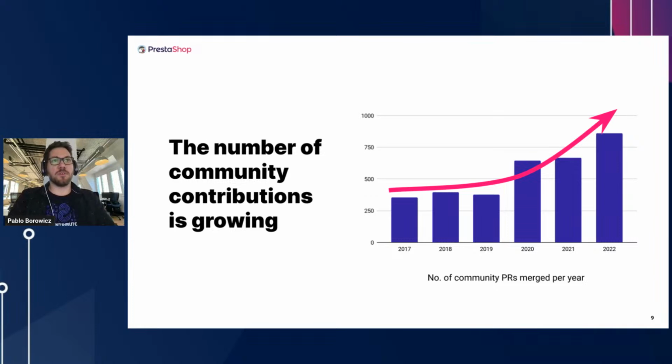So great news in terms of collaboration from the community. Of course, these numbers don't include what the PrestaShop company does. It's the other contributors to the project that we are counting. But of course, what we want is to help the community continue getting involved in the project and have this trend going upwards and upwards in the future.